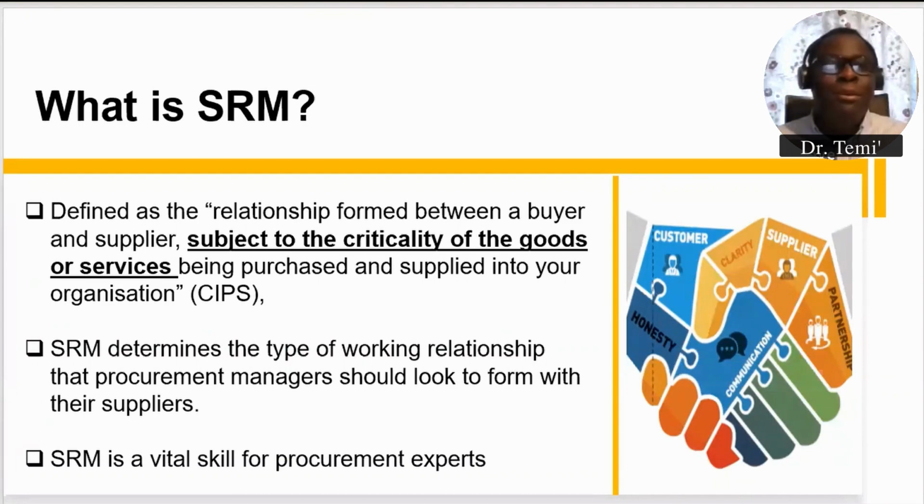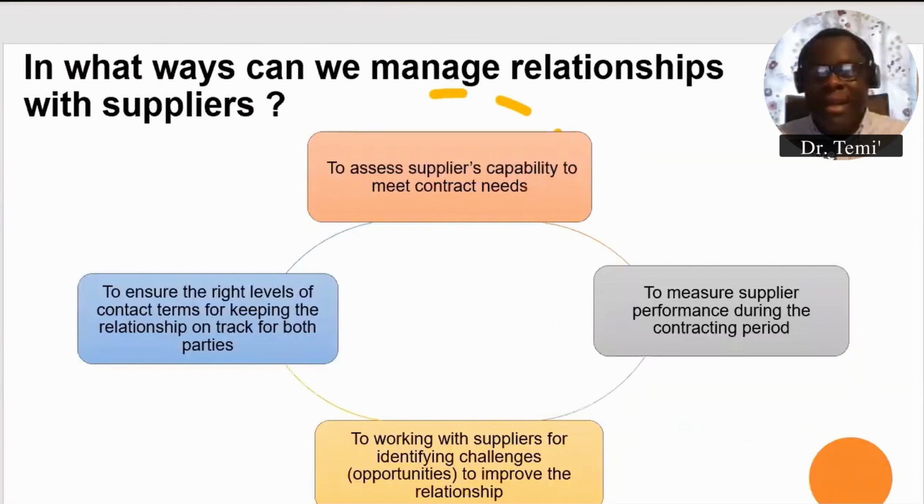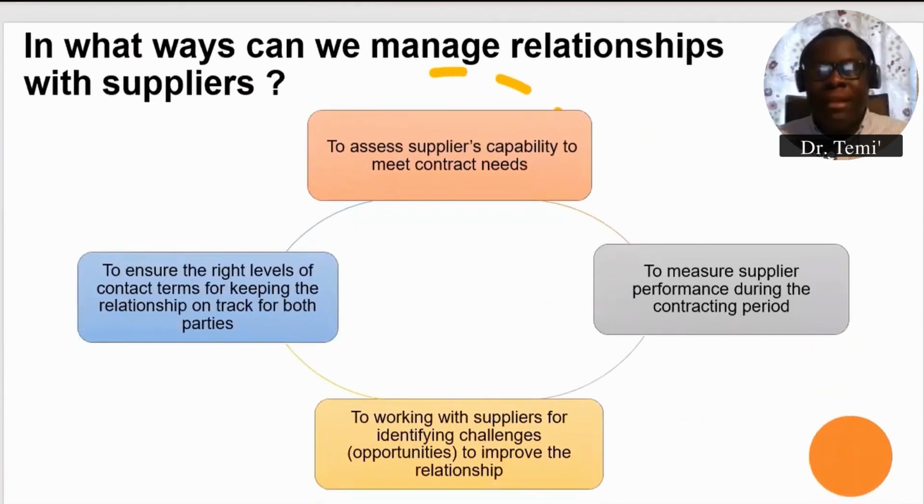It could also expose you to some legal risk that would cost your organization money. Essentially, the quality of your relationship with your suppliers also determines the quality of the relationship you have with other partners outside your organization. So this suggests that supplier relationship management is very vital.